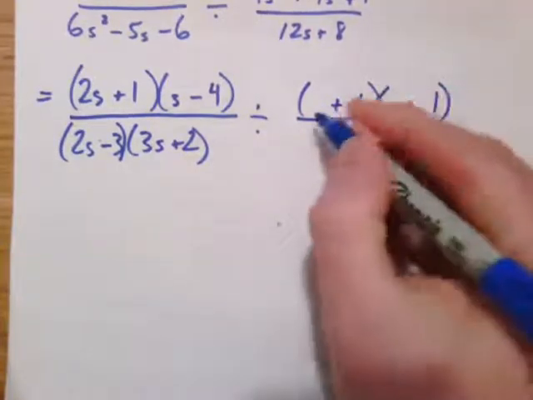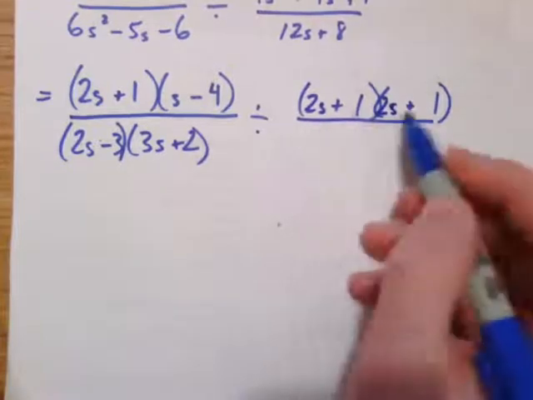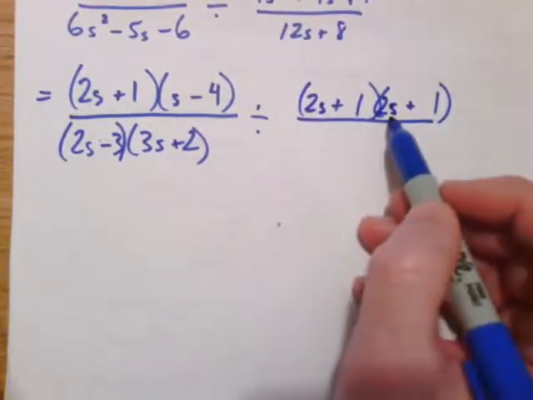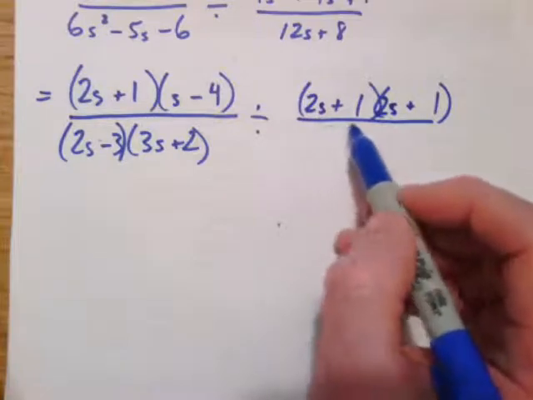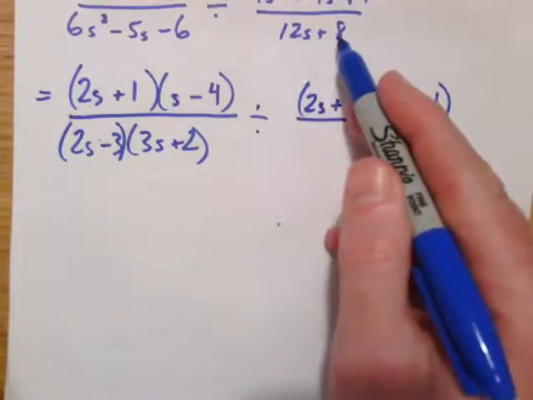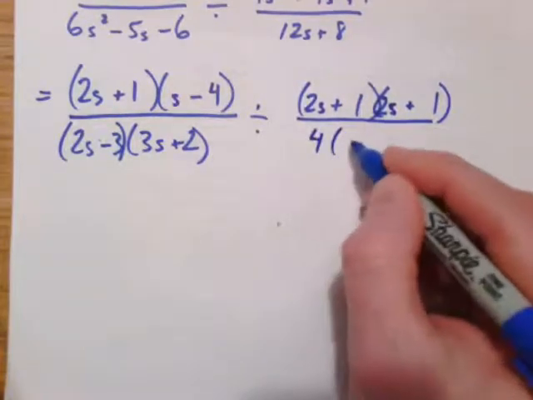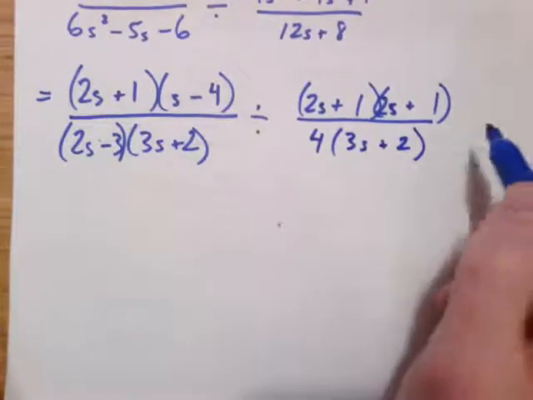Yes, it is. 2s, that's 4, and then 2, and then 2, and then 1. I just want to check. 4. Yeah, okay, so that's what it is. 4 is the biggest number that can come out of that. So that'll be 3s plus 2.